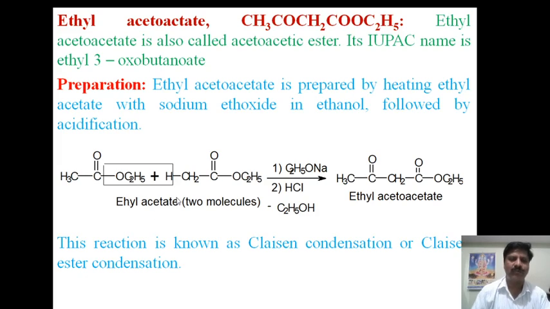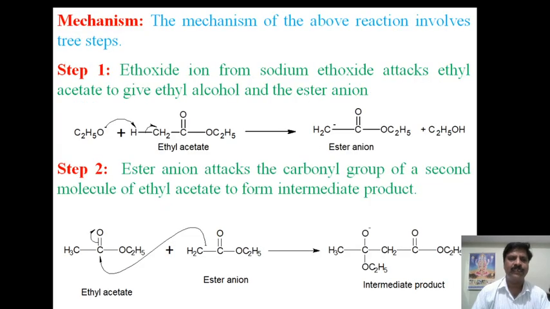Here we have to take 2 molecules of ethyl acetate and heat with sodium ethoxide, followed by acidification using hydrochloric acid to form ethyl acetoacetate with the liberation of ethanol. This reaction is called condensation reaction or Claisen ester condensation reaction.